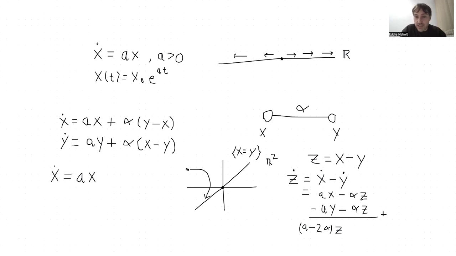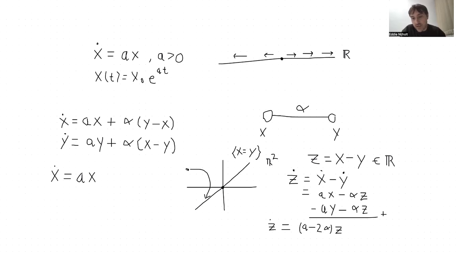So the ODE that I'm left with for z, and this is of course a bit unusual when you think about it, but it turns out that z satisfies an ODE that can completely be expressed in its own variable. And again, z is just the difference of the two coordinates, so z takes place on R. And it's a linear system. So there are only a couple of things that can happen.